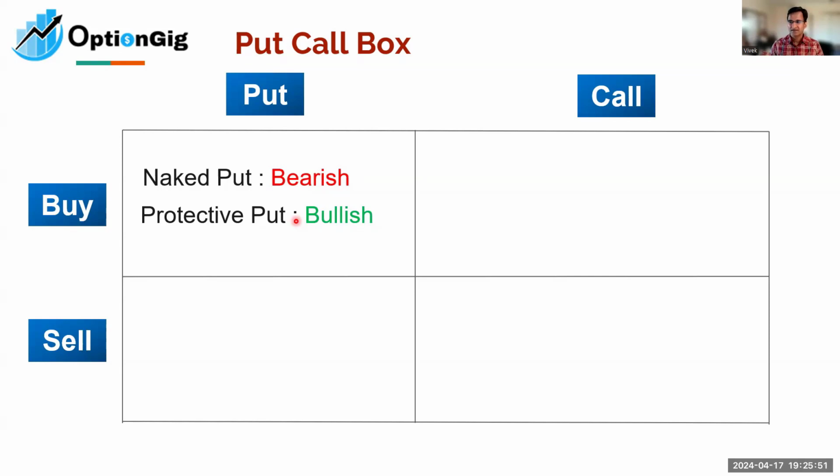It means the market is bearish. No, that's incorrect because you do not know what the rest of the position is. Buying a put could be bearish or bullish depending on what else the trader or hedge fund may be holding. So if you see a hedge fund selling a put or buying a put, don't assume by default that they are bearish.